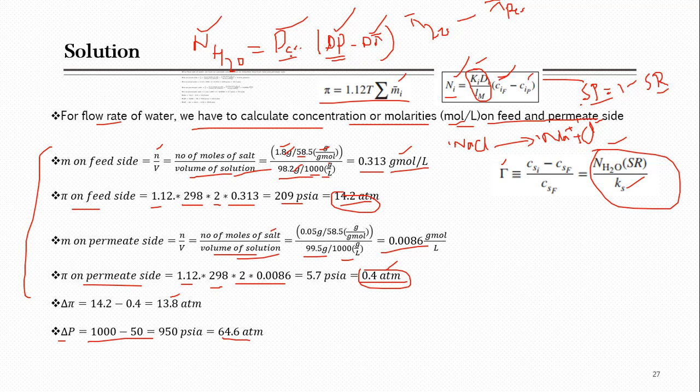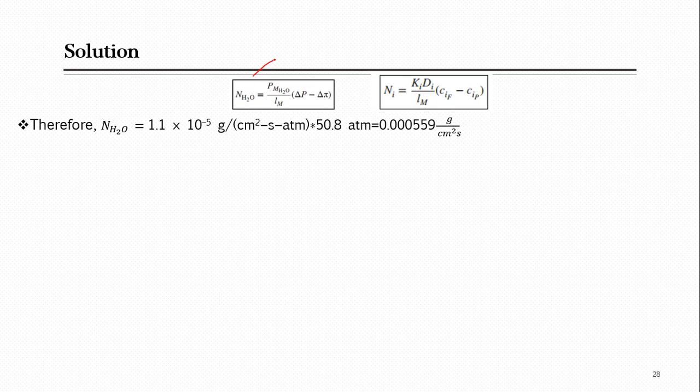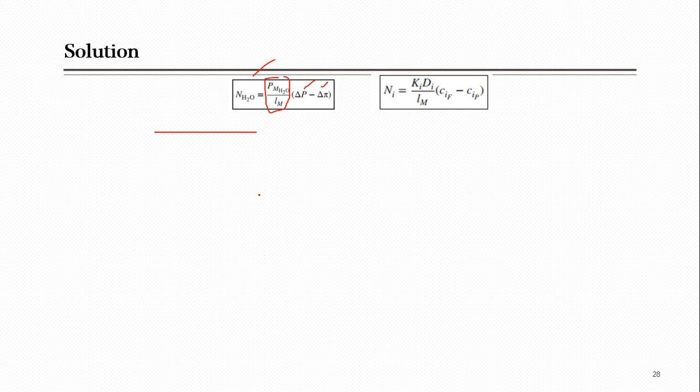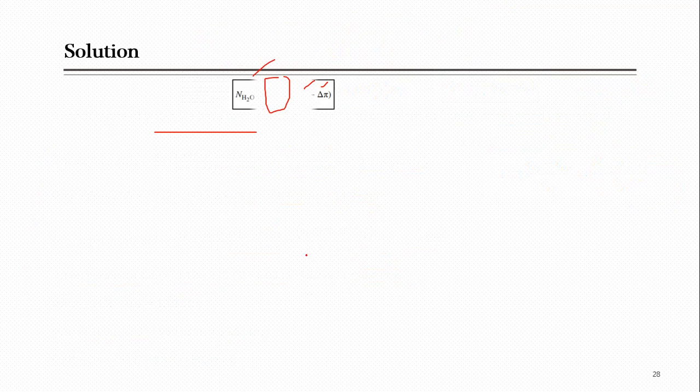So you can calculate the flux of water, and for this we will have the same equation. This first one, flux of water. So flux of water here will be equal to permeance multiplied by delta p minus delta pi. And in the last step, we calculated this delta p minus delta pi, and that's equal to 50.8 atm.